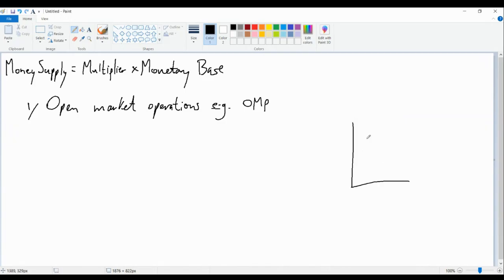Okay, let me leave that picture there for a second. You can always erase it later. So an increase in reserves shows up as there, so the interest rate drops from there to there. But what else does it do? Well, if I'm increasing the amount of reserves, I'm increasing the monetary base.